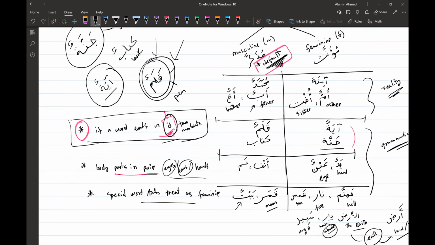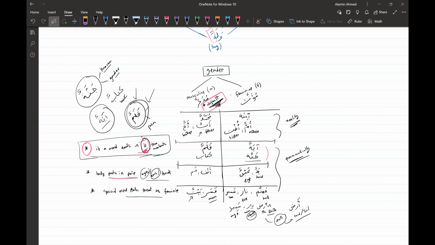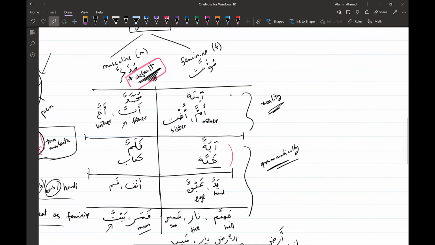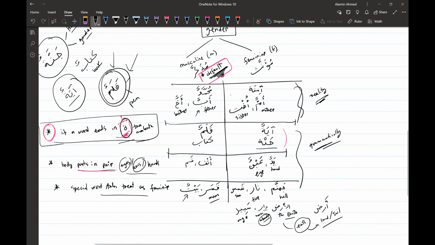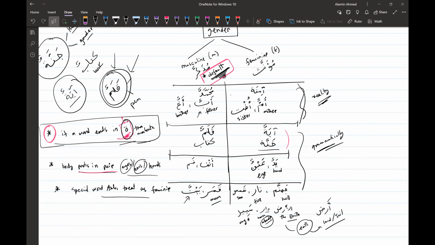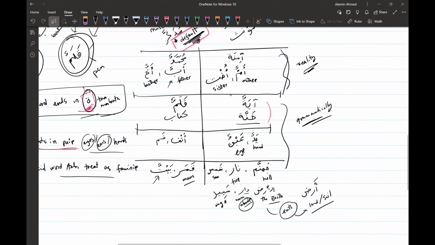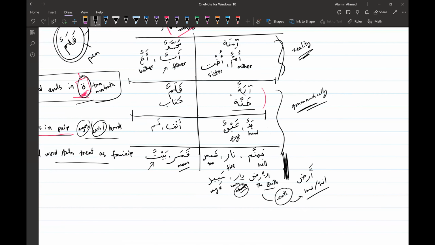So most of our words, the way we understand whether they are feminine or not, is either by the reality, mother, sister, all of these things, and the names of female persons, and the second most would be by tamarbuta. Just because I'm giving here a lot more words, don't think these are the most common. No, most common is this one. Any word that has tamarbuta, we consider as feminine.